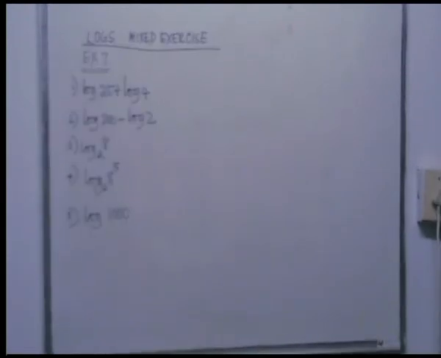Now here are 5 examples, and you are required to do these 5 examples. All right, let me put the rest. That's 5. I'll go up till 10. Number 6.